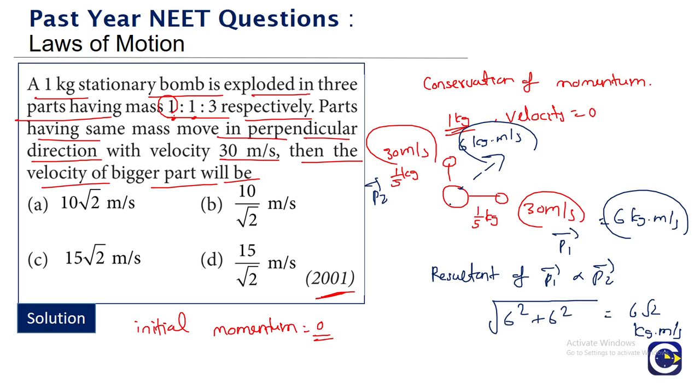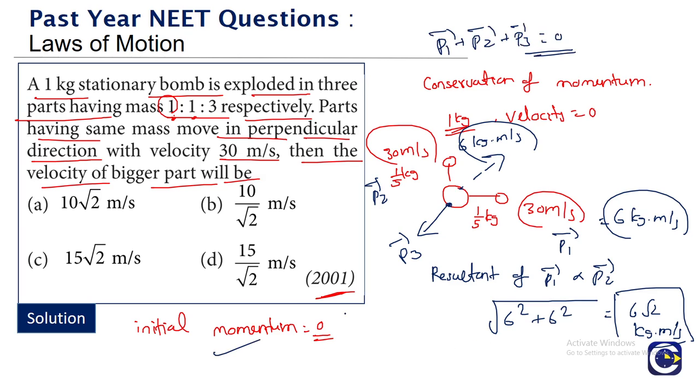Now the third particle's momentum should have equal magnitude but exactly opposite direction. If the resultant is along the angular bisector like this, the third momentum should be exactly opposite, but with the same magnitude. So the third particle's momentum magnitude should be 6√2 kg meter per second. When we add all 3 momenta, P1 plus P2 plus P3, they add up to 0, because the total initial momentum is 0.